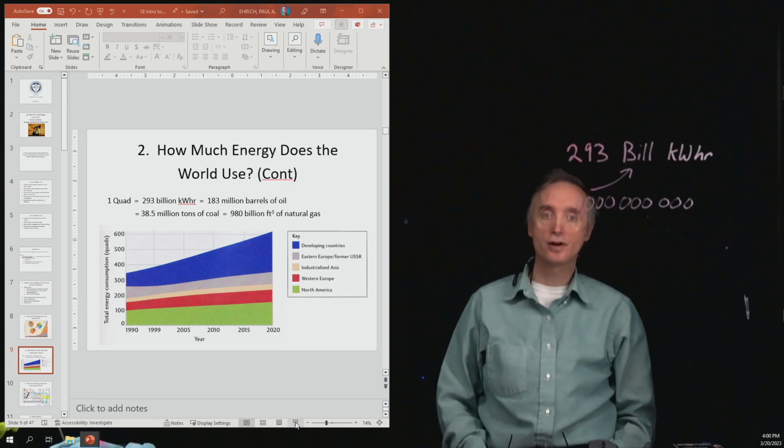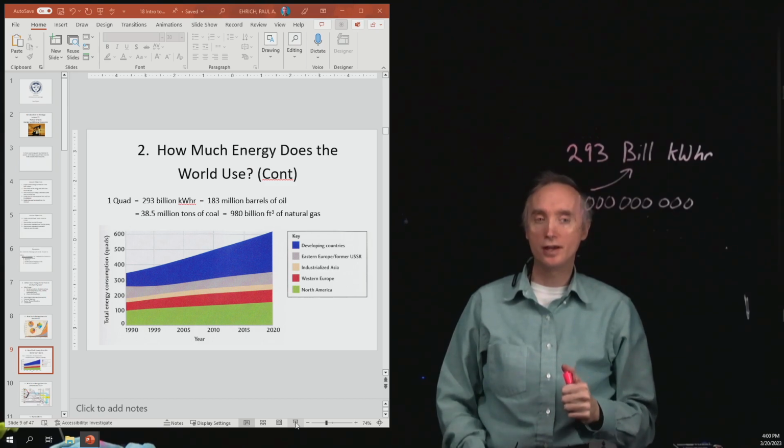On this chart, it breaks it down by how much energy the developing world is using, how much energy North America is using, how much energy Asia is using, and so forth.